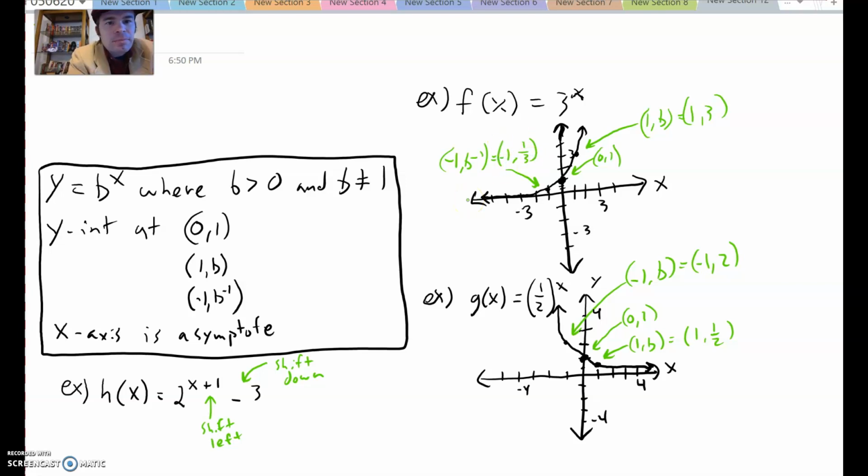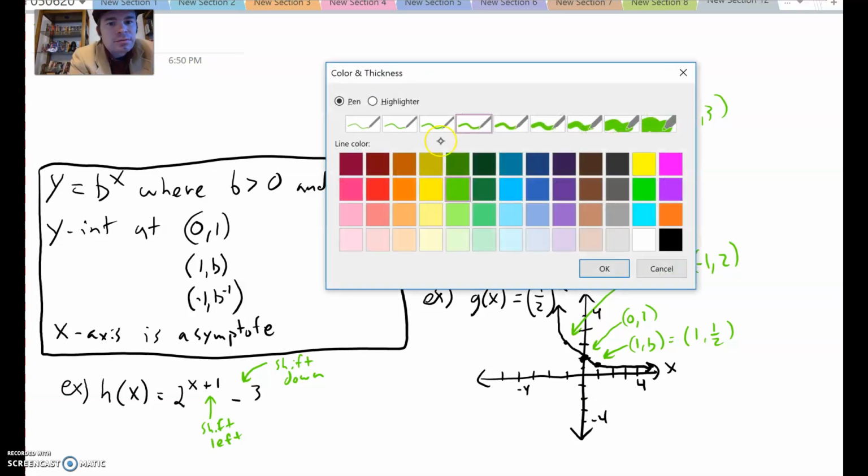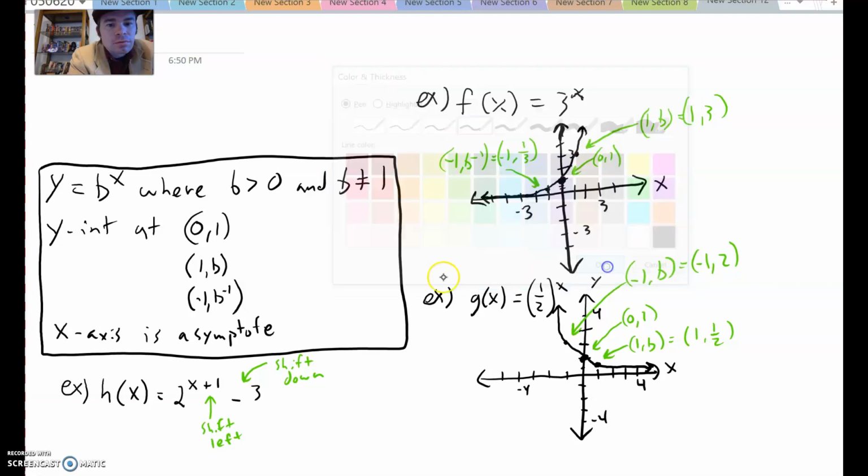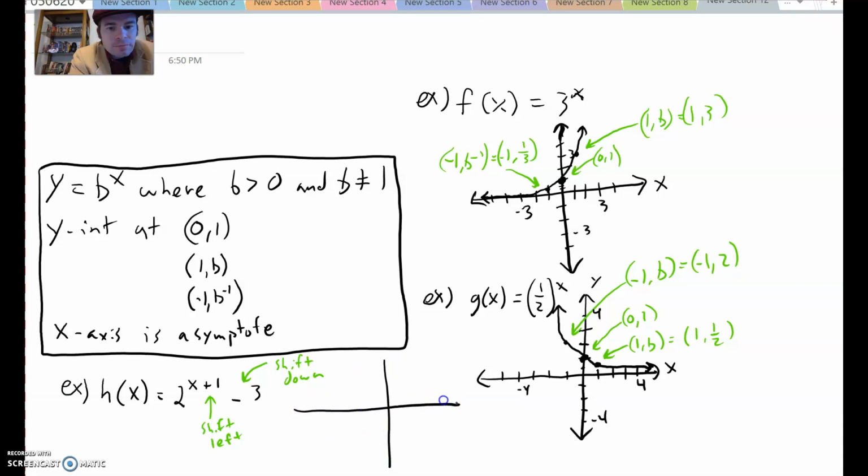So this time, as I draw my axes, the first thing I notice is that we have shifted down 3.